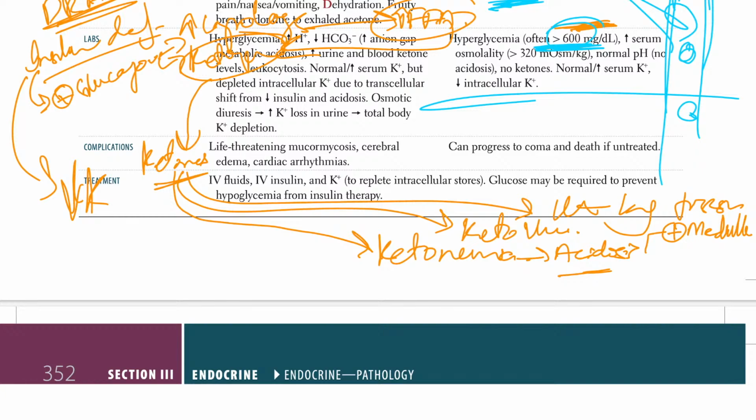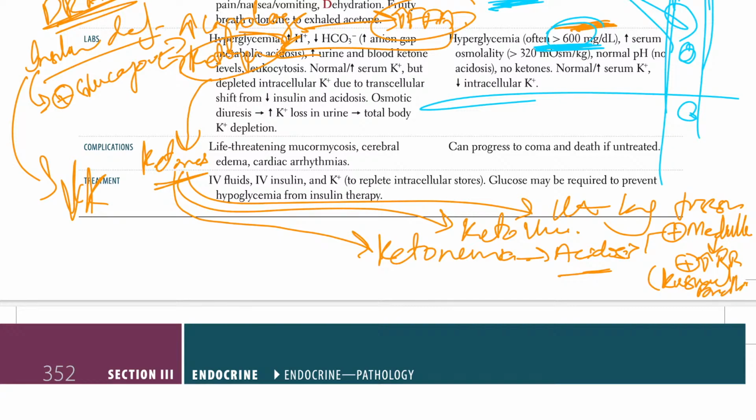So it will stimulate the respiratory center, causing Kussmaul breathing, which is hyperventilation. Let me write it here. It's going to stimulate an increase in RR, the respiratory rate, hyperventilation in other words, which is Kussmaul breathing.